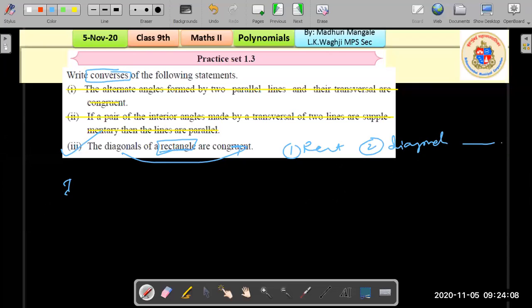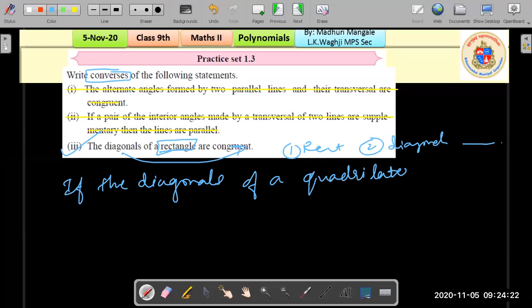We say: if the diagonals of a quadrilateral, because we need to use the word quadrilateral. So if the diagonals of a quadrilateral are congruent, then what would happen?